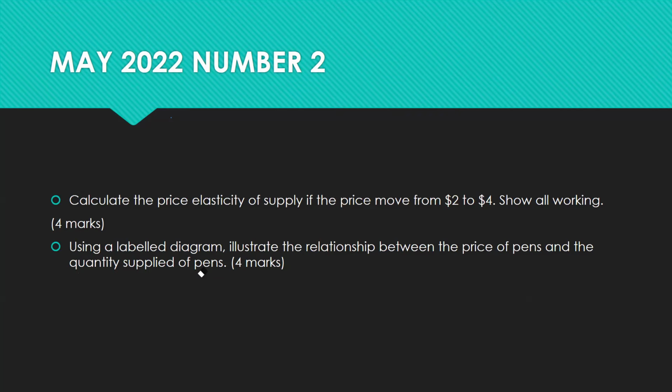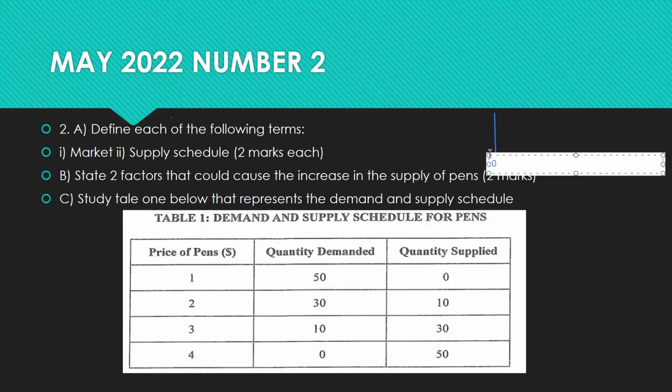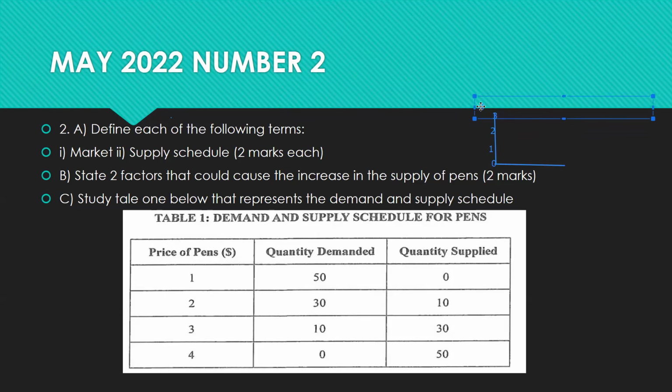So what you would do, let's go back to the table. You will draw your curve. Let's see your price. You have 0 here, then price 1, 2, 3, 4. Of course, you'll probably label better than me.